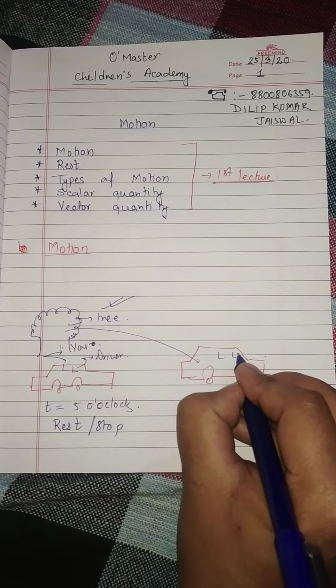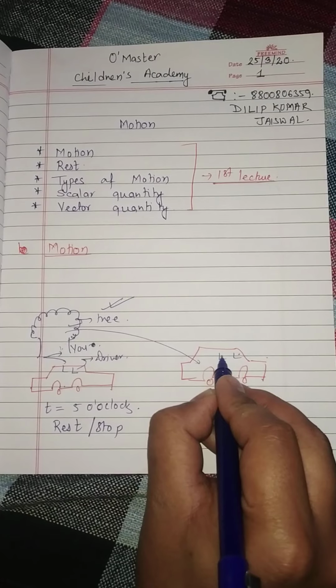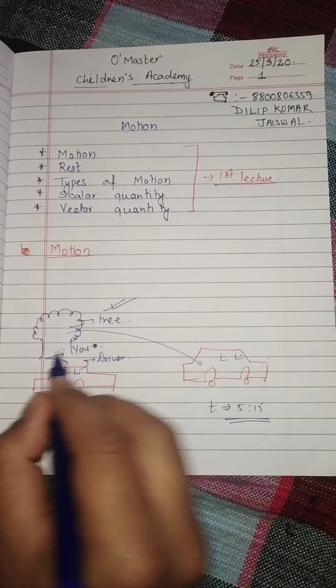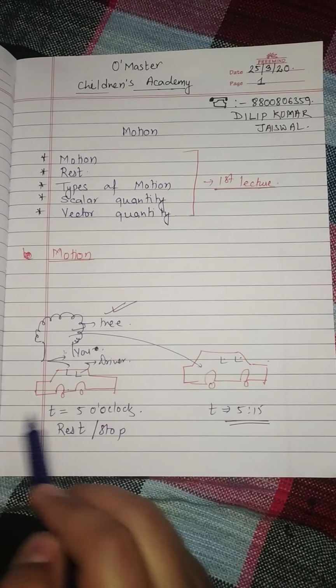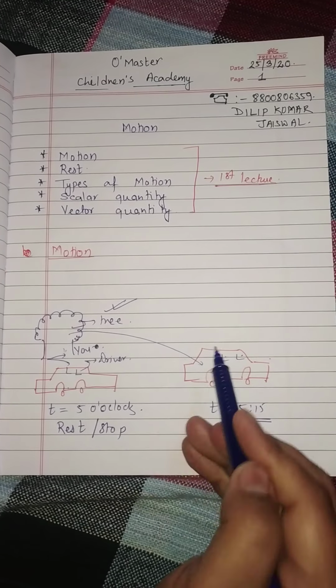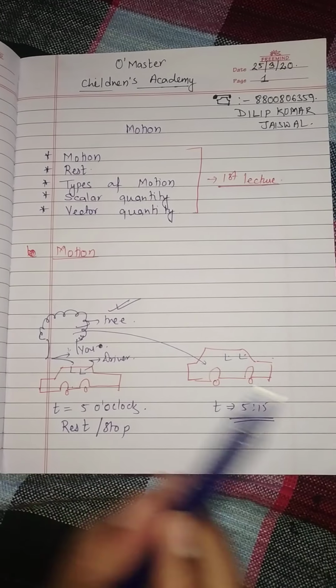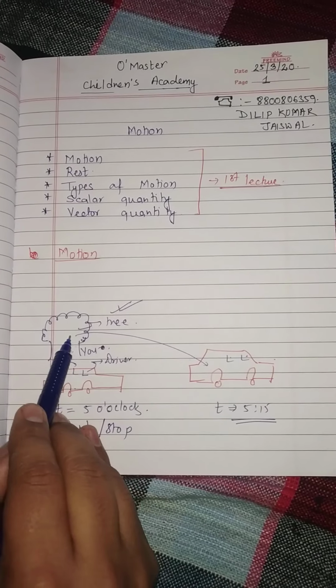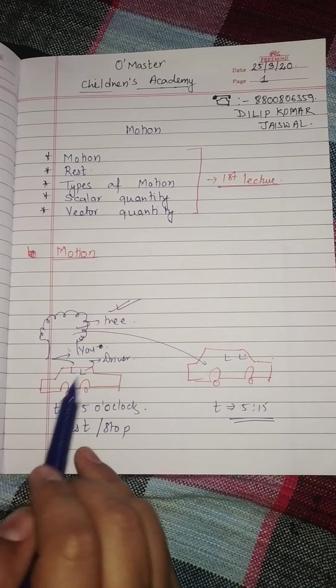Here, the driver is over here, you are here, you are not changing your position. It means that you are at rest with respect to the driver, and you are in motion with respect to the tree.